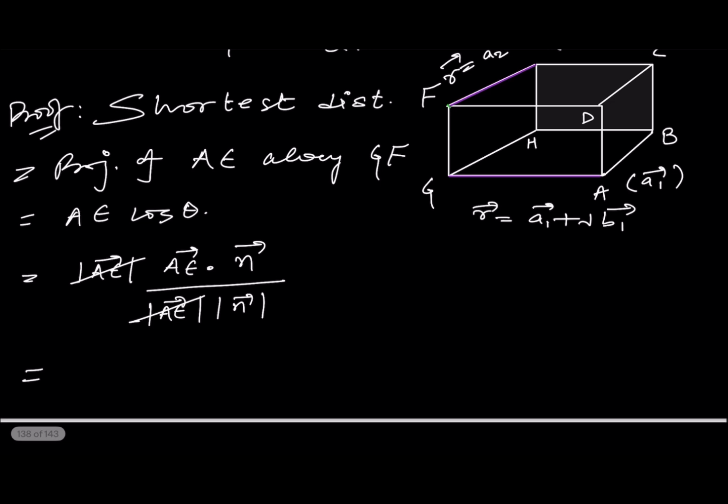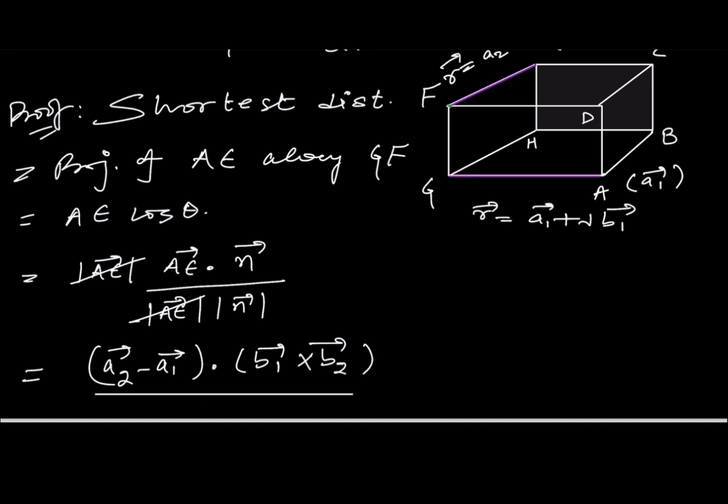So I can write AE vector as a2 minus a1 dot n vector. n vector is perpendicular to GA vector and FG vector, which is cross product of p1 cross p2 upon mod of p1 cross p2.